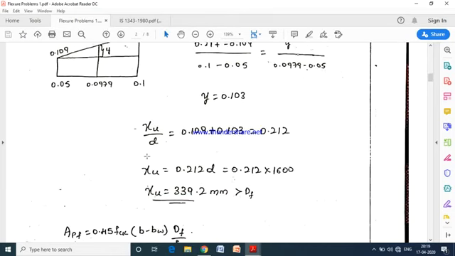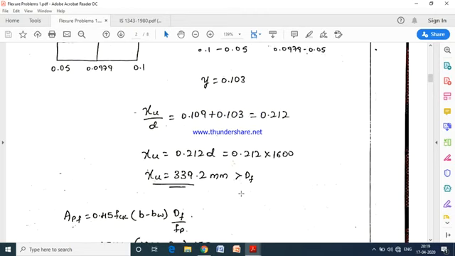and effective depth is given 1600. By substituting we will get XU value. Then compare it with flange thickness DF. XU is greater than DF, that means neutral axis lies below the flange, sorry, in the web.